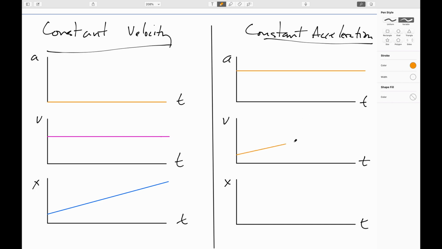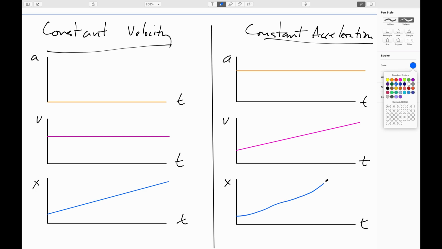So that means the slope of the velocity-time graph also never changes. Now here with the position graph, this does mean that the slope changes. Here it starts out a smaller positive value, ends up a bigger positive value. So I'm going to try to draw this, a section of a mathematical object that mathematicians call a parabola.